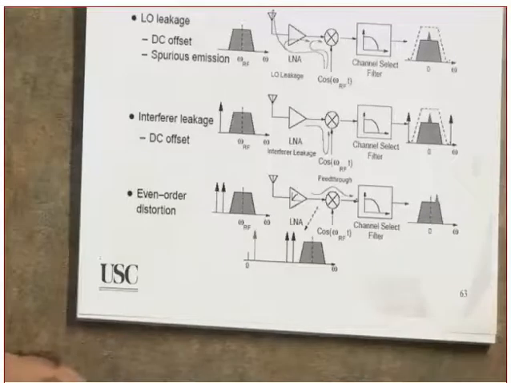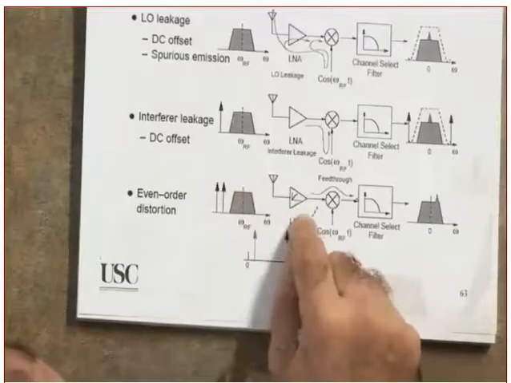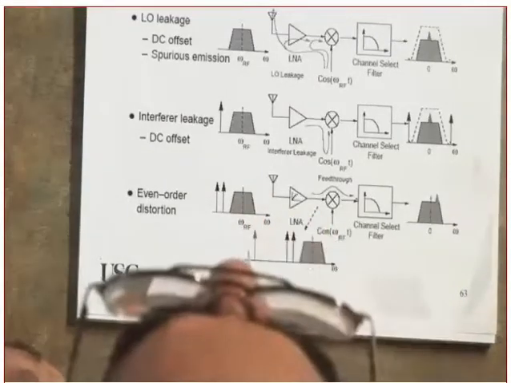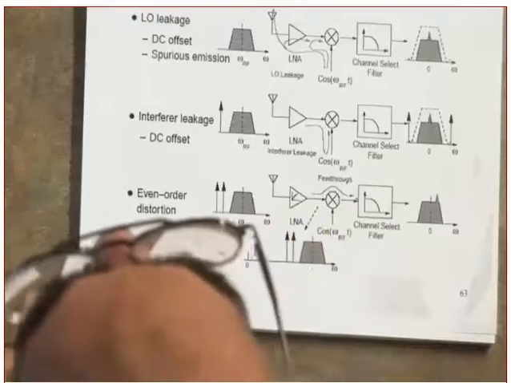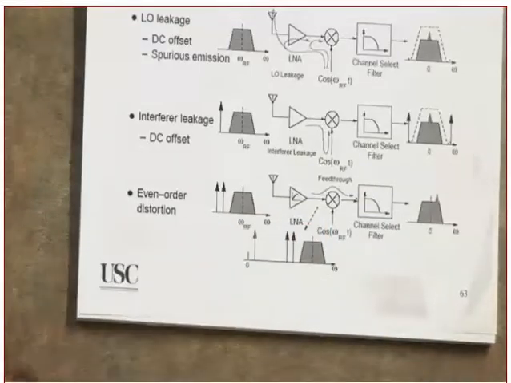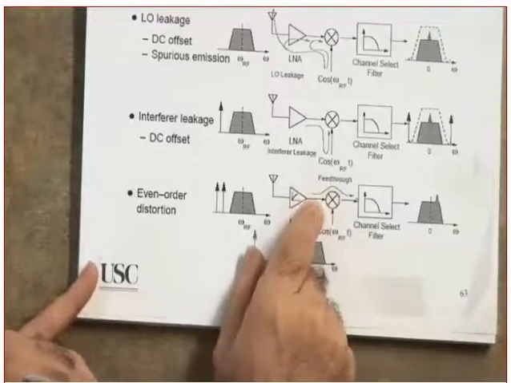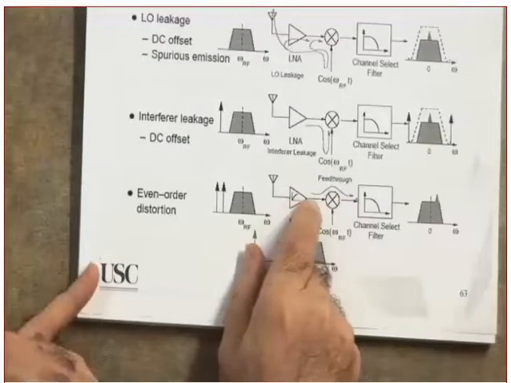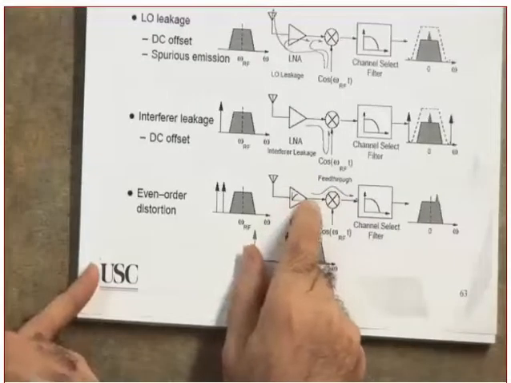I cannot hear you, my dear. One more time. If the LNA has a what? Third order distortion. Third order nonlinearity. If it mixed with this one, it will be what? 2F2 minus F1.